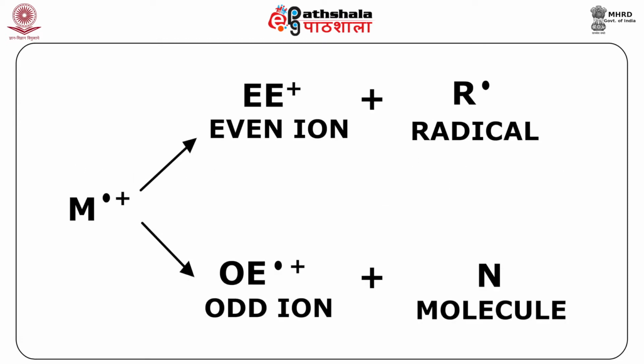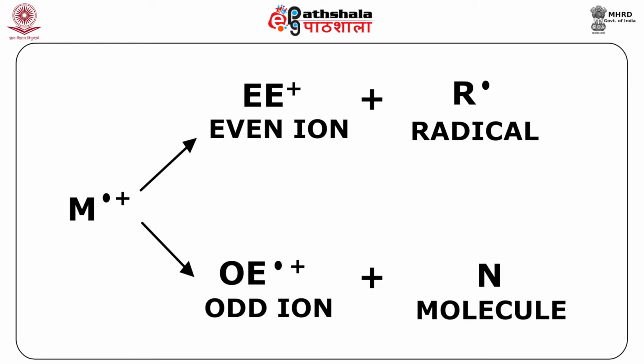Now the parent ion M+ is an entity which contains an odd number of electrons, which can yield a radical R dot and an ionic species with an even number of electrons, that is EE+, or a neutral molecule N and a new radical cation QE+ with a dot to represent the radical in it.